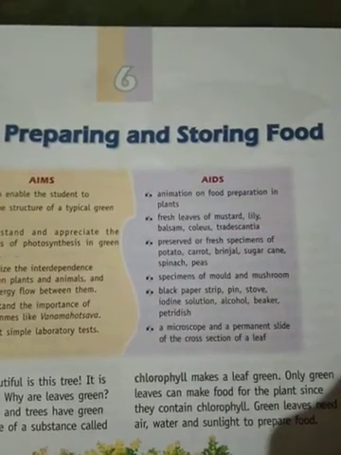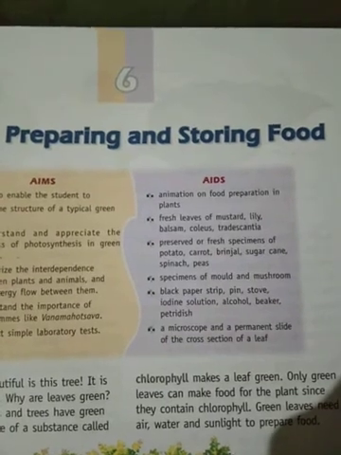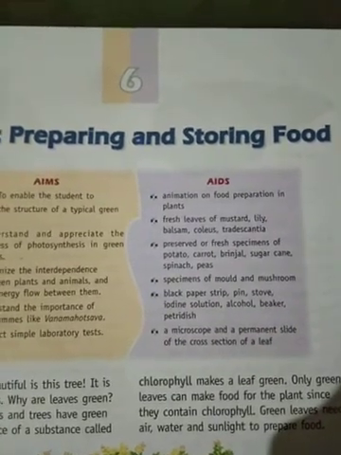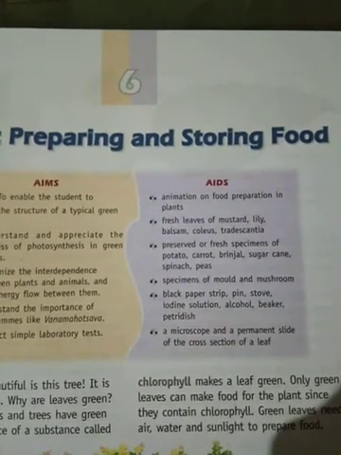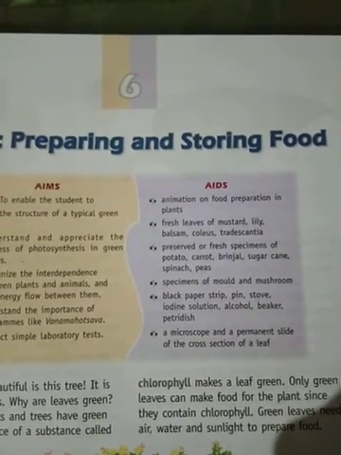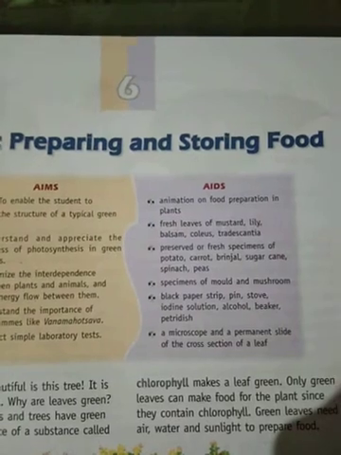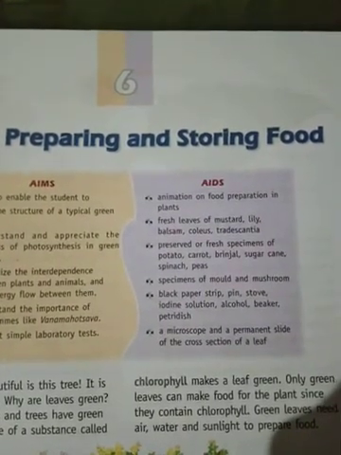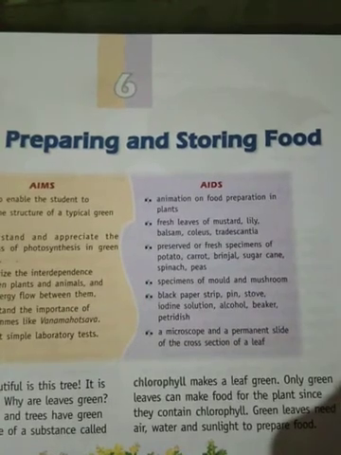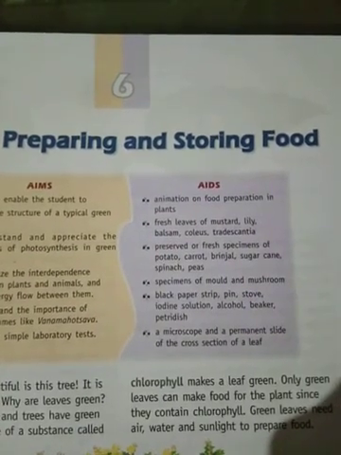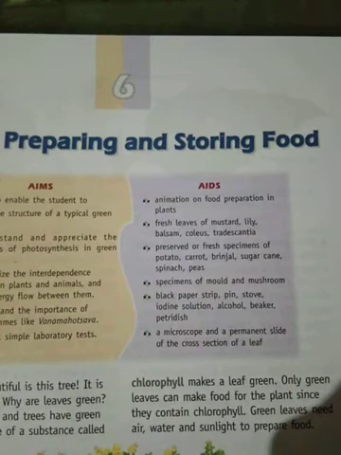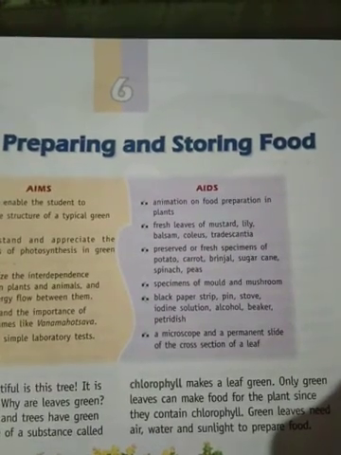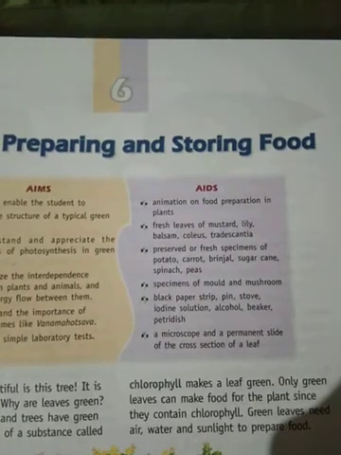For separate activities we need separate leaves. Then preserved or fresh specimens of potato, carrot, brinjal, sugarcane, spinach, then peas. Then specimens of mold and mushroom, black pepper, strip, pin, stove, iodine solution, alcohol, beaker, petri dish.